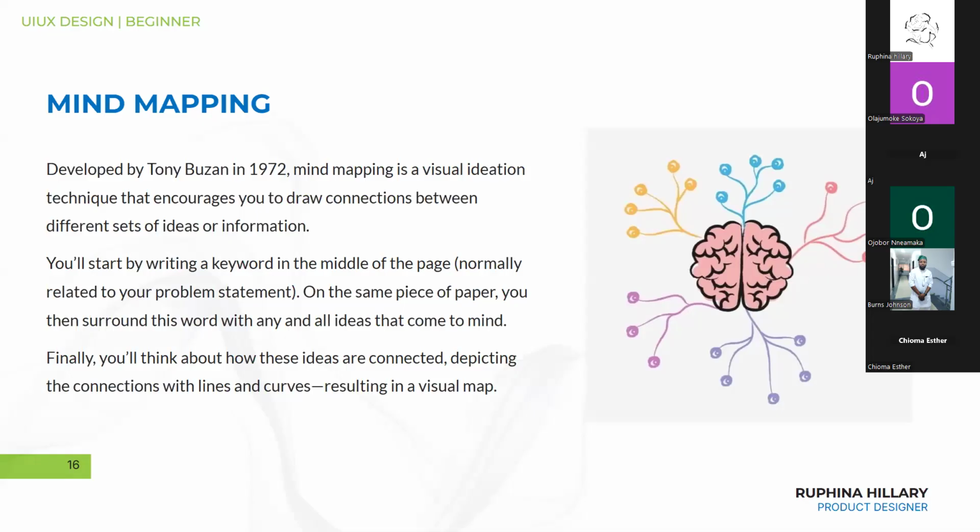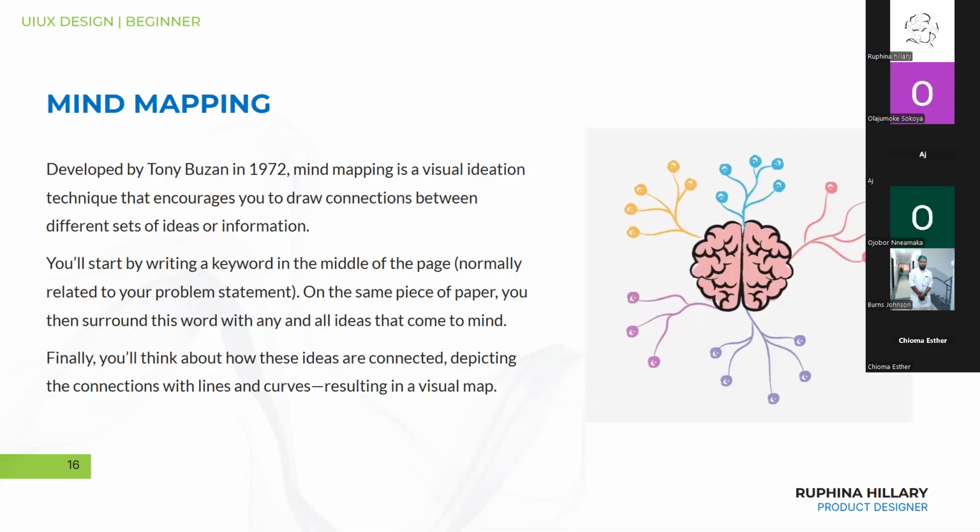Like the case study we used before, the e-commerce case study, where we identified the theme of tracking struggles. So now we can decide to start mind mapping by writing tracking struggles in the middle of a whiteboard or in the middle of your paper. Then we start mapping it.